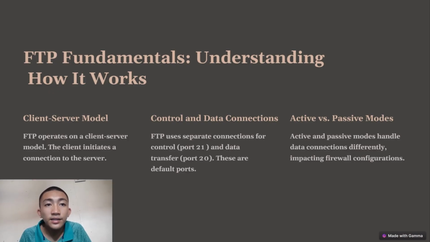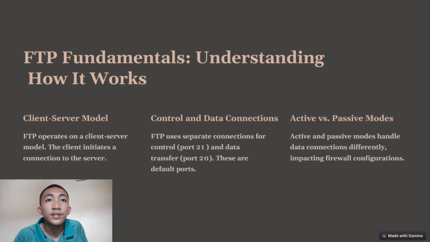The client initiates a connection to the server, with control and data connections. Control connections manage the interaction between the client and server, handling authentication, commands, and other control information. Data connections are used for the actual transfer of files.